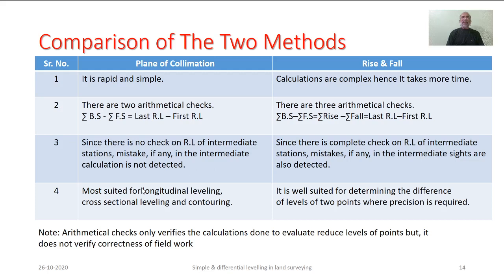If we are dealing with simpler works like longitudinal leveling, cross-sectioning, contouring, etc., the HI method can easily be used. Whereas, if we are going for check surveys, or making use of fly leveling in order to transfer the reduced level from a known benchmark to a benchmark which is to be set, we go for the rise and fall method.